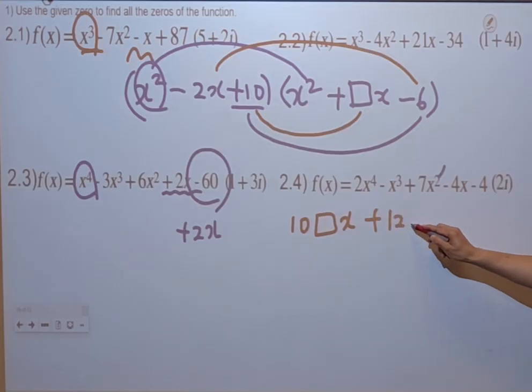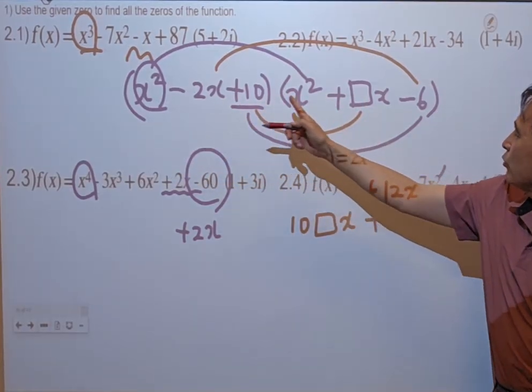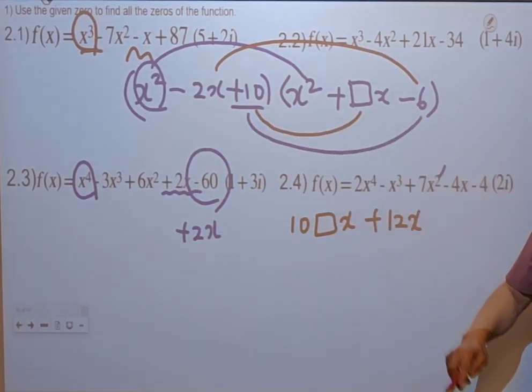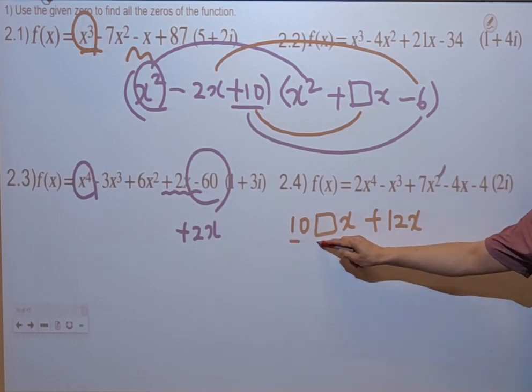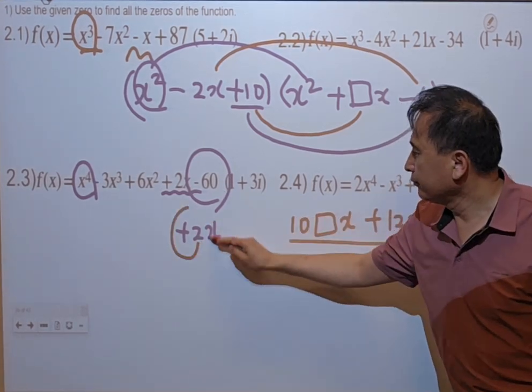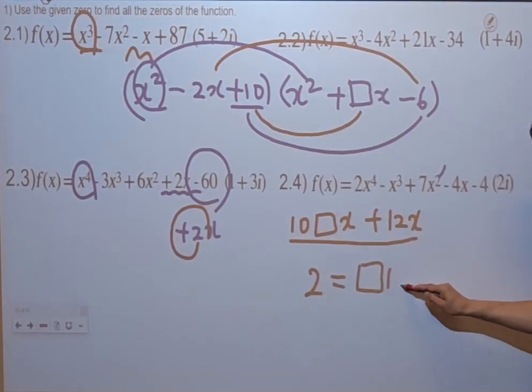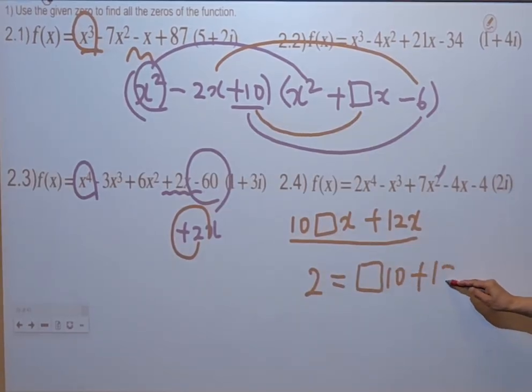which is 12, plus 12x, right? Is there any other first degree you can make? No. The second degree, multiplying, there's no first degree. This one making first degree, right? That's the only 2. So if you calculate that, that should be what? Plus 2. So 2 equals 10, 12, right?